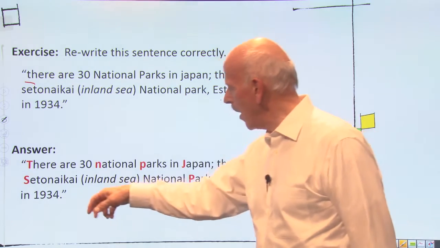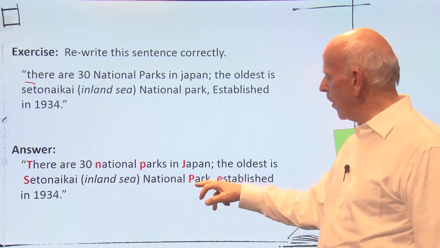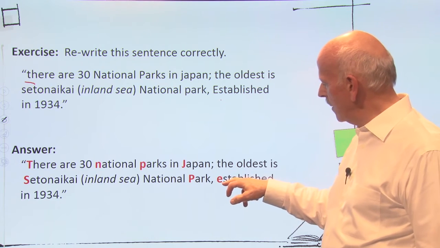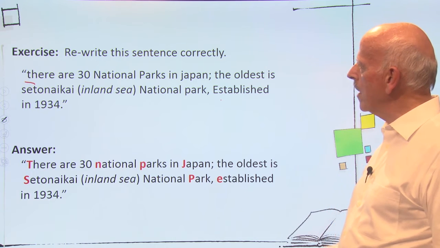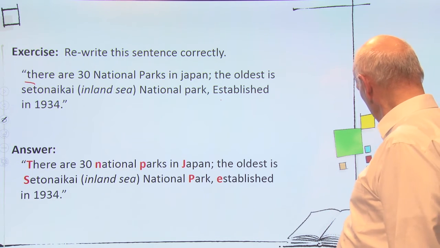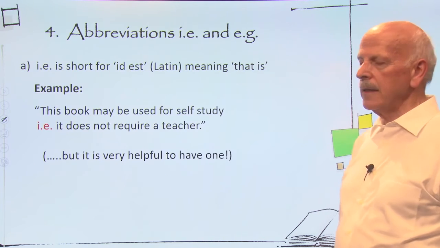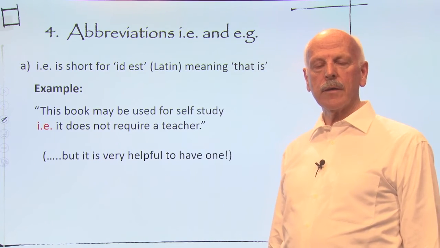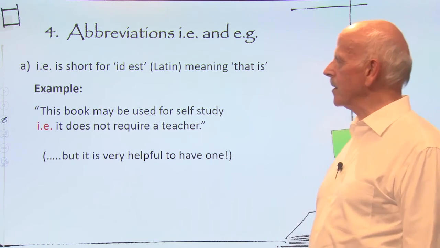The oldest national park is Seto Naikai National Park. We need a P here, and the word established doesn't need to have a capital letter. So there's a simple example of how we reduce the number of capital letters or increase the number of capital letters depending upon the mistakes.